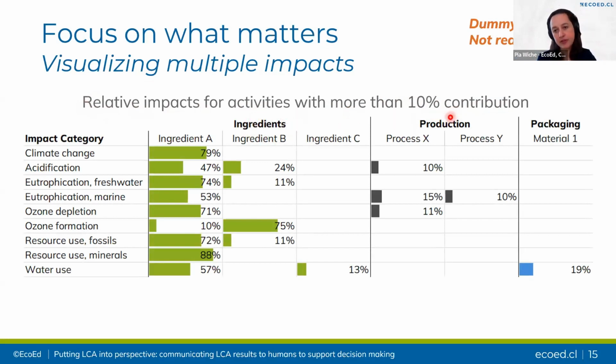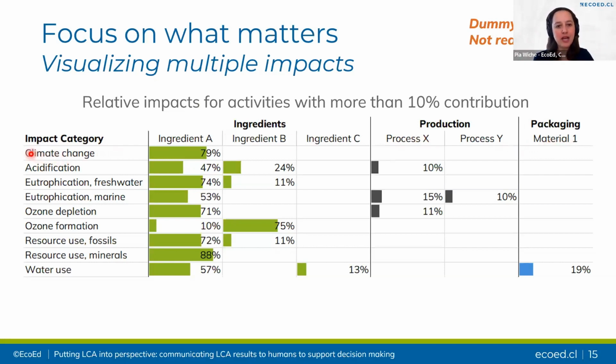We have ingredients, we have production, and we have packing. We don't have all of the ingredients, we just have A, B, and C. We don't have all of the production processes, we have just X and Y. And we don't have all of the packaging, we only have one of the materials of the packaging. Why? Because in these ingredients and processes and materials, we find at least 10% of the impacts for at least one of the impact categories.